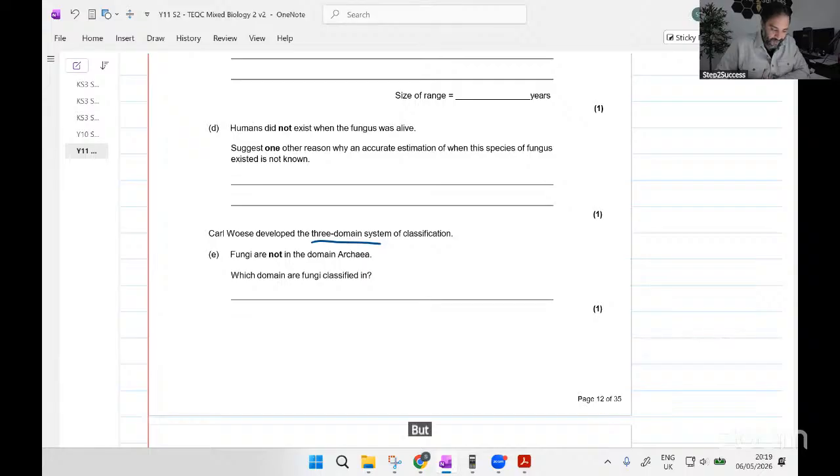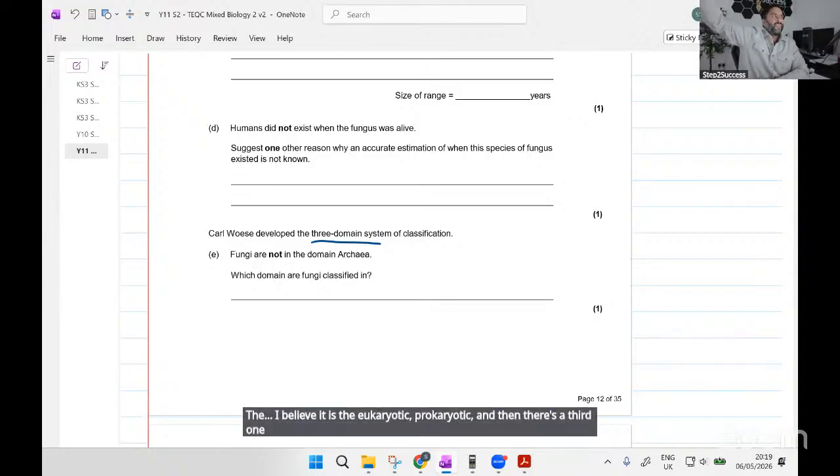But I believe it is the eukaryotic, prokaryotic, and then there's a third one called archaea, which is like extreme things. And so fungi are not in that one, so they're going to be either prokaryotic or eukaryotic. They're not prokaryotic, so I think eukaryota is the answer.